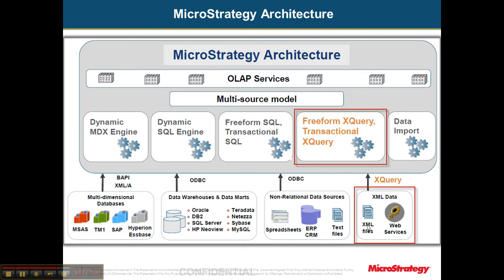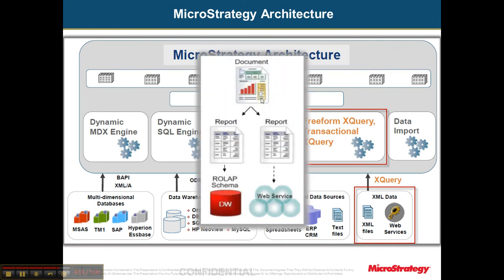We can read XML files and also web services. So documents and reports can use data from both the data warehouse and web services. That's the way that we can access the data and create dashboards on top of it.